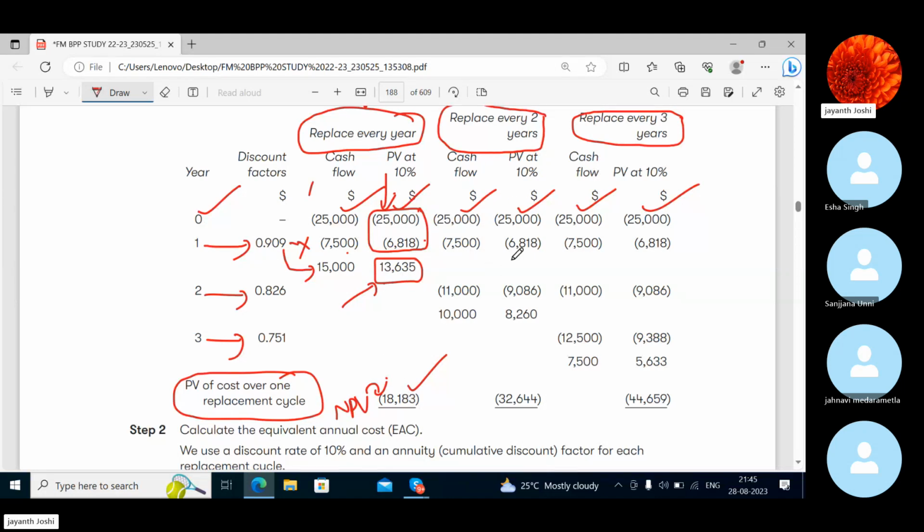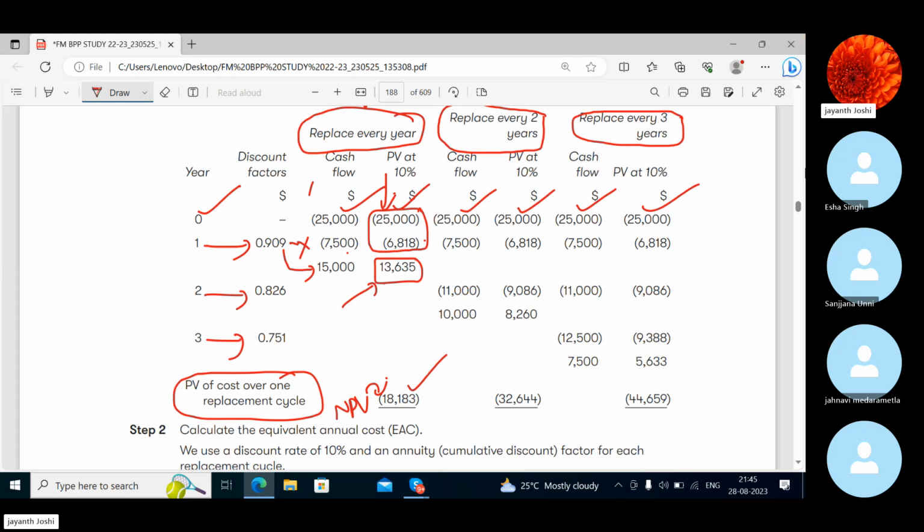If you are going to replace your asset in year 2, that means the replacement cycle of your asset is going to be 2 years, right? So if every 2 years you want to replace your asset, the replacement cycle is 2 years.